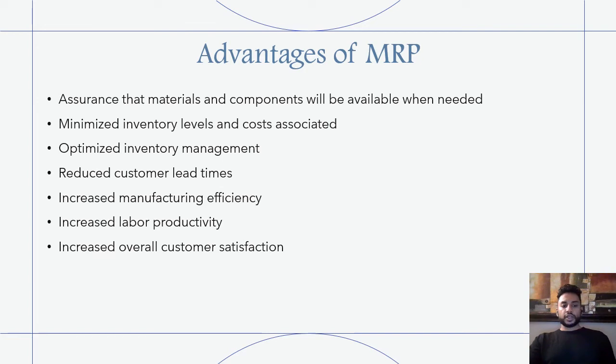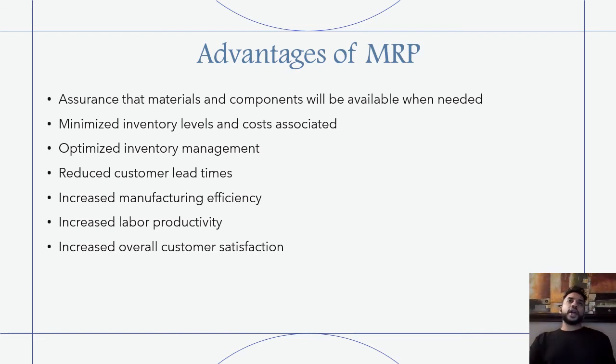What are some advantages of MRP, materials requirements planning? Assurance that materials and components will be available when needed. It's very important for a manufacturing plant. For example, at the manufacturing plant we used to process soybean and canola oil on a massive scale, like a million tons a year.